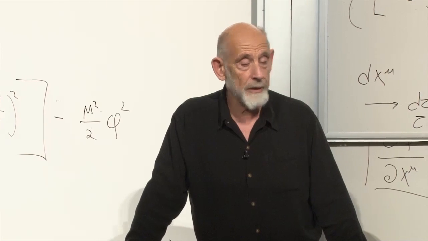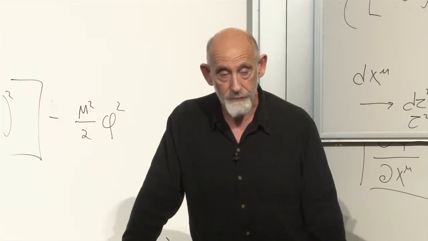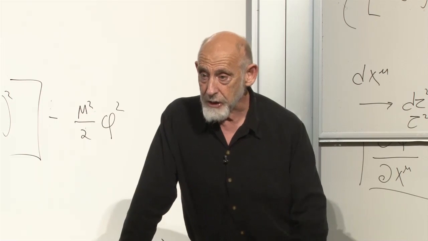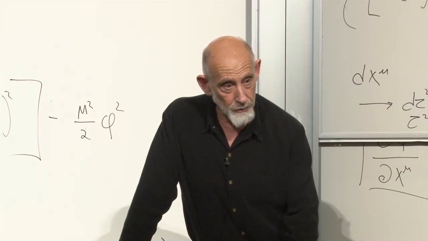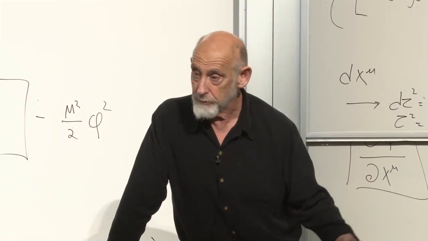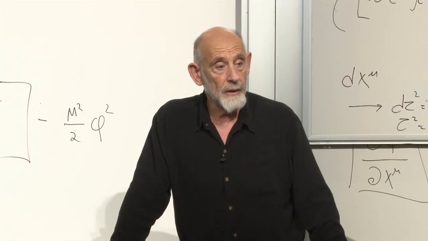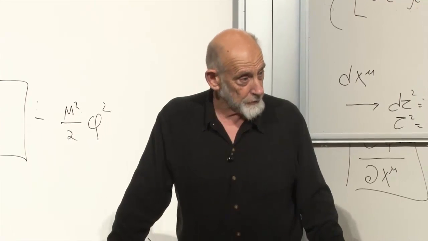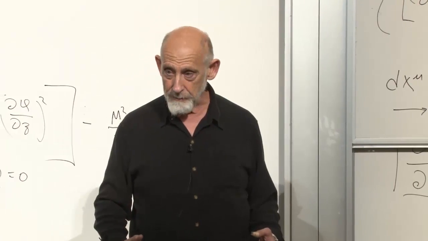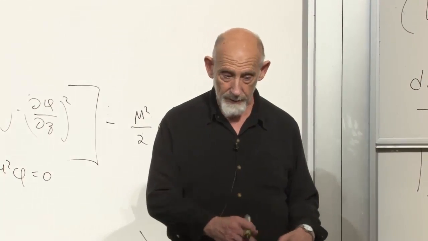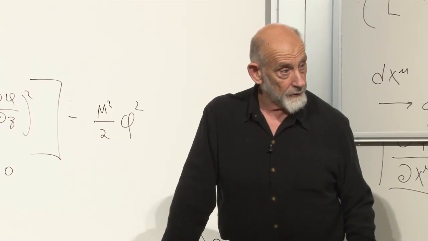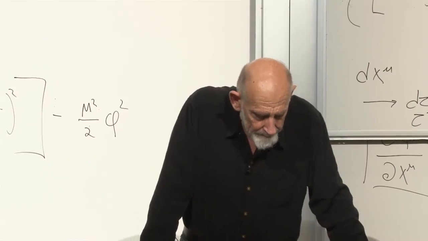And you build out of them and their derivatives all of the scalars that you can create. Once you have all the scalars you can create, then you build the Lagrangian as a function of those scalars, for example, sums of terms. And then you apply the Euler-Lagrange equations. And those give you the equations of motion, or the field equations, describing the propagation of waves, whatever it is that that field theory is supposed to describe.